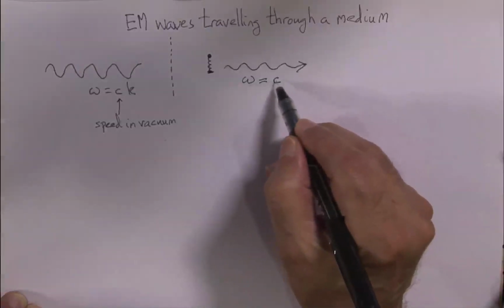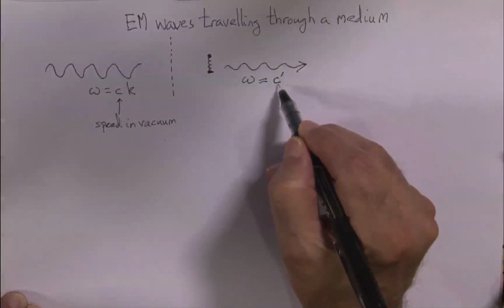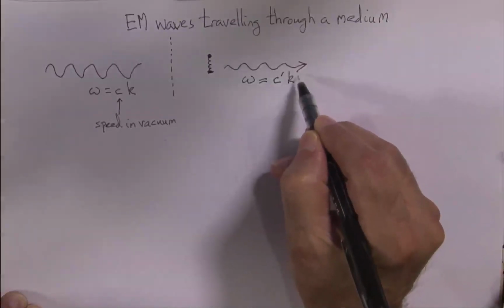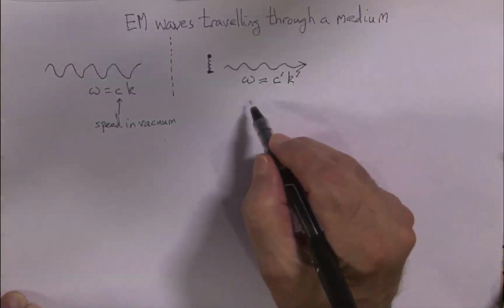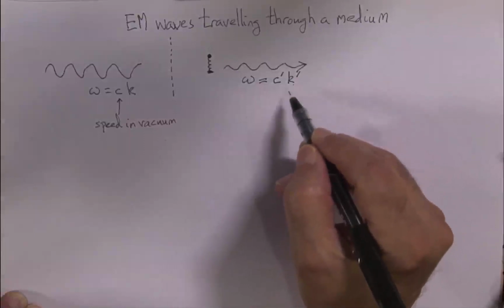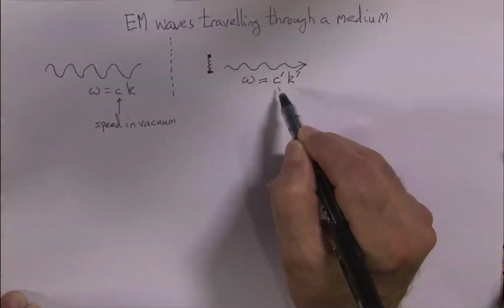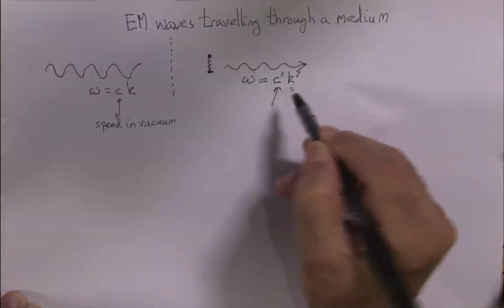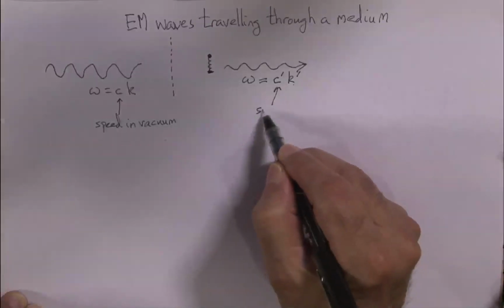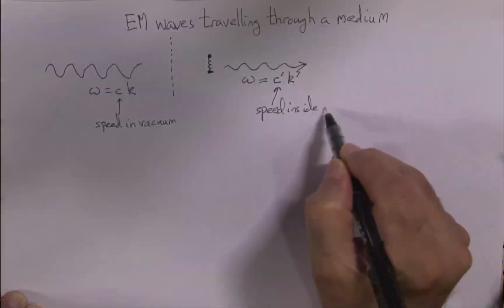And so although omega will be equal to c times something, it'll be the speed into the wavelength in the medium. And so the dispersion relation has changed. Now the ratio of the frequency to the wave number is something else. It's not the speed of light in vacuum. This is the speed inside the material.